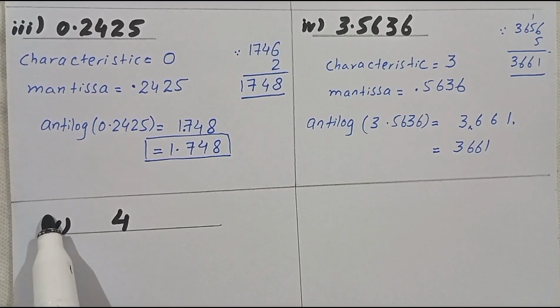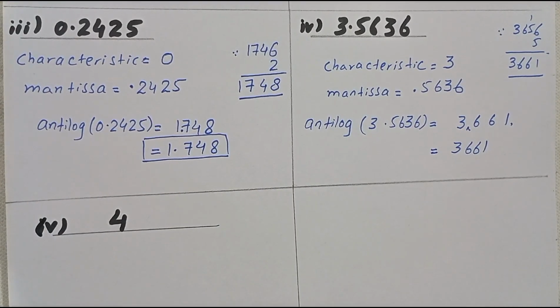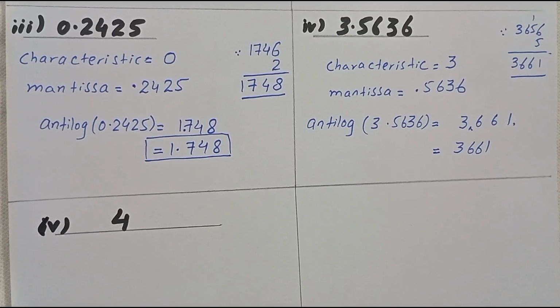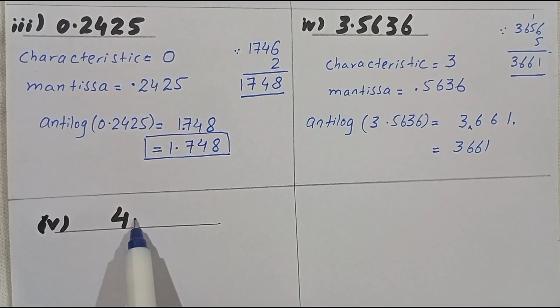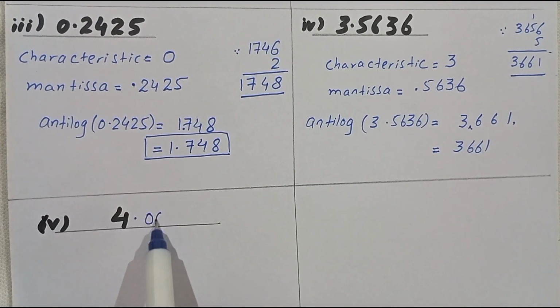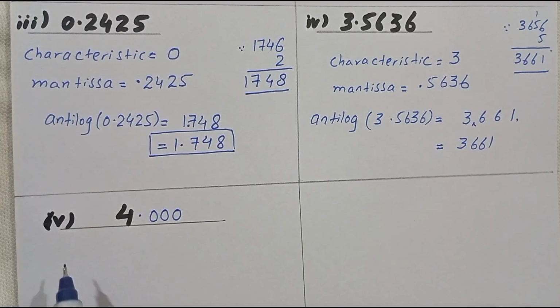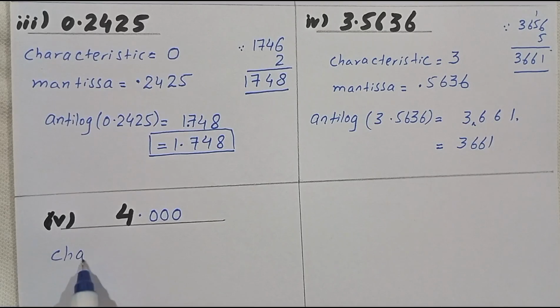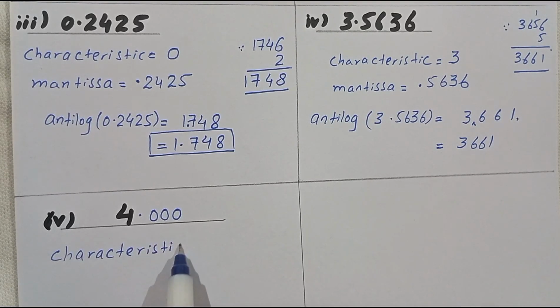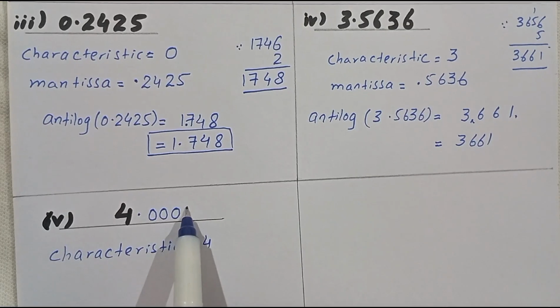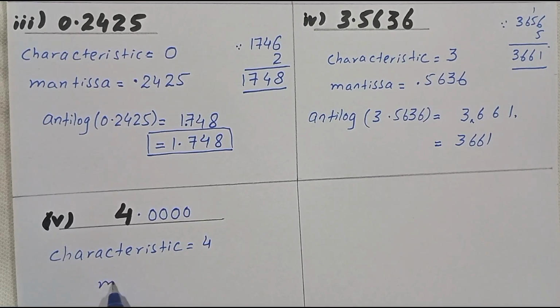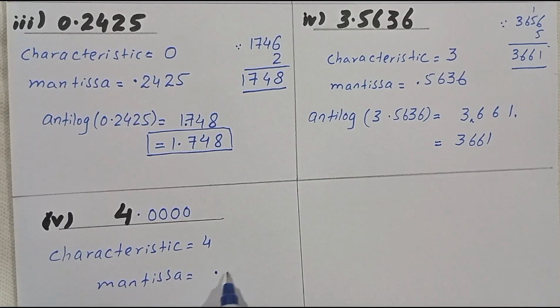In the fifth part, we have to find the antilog of 4. As there is no decimal part, we assume that the decimal part is 0.000. So here the characteristic is 4 and the mantissa is 0.0000.